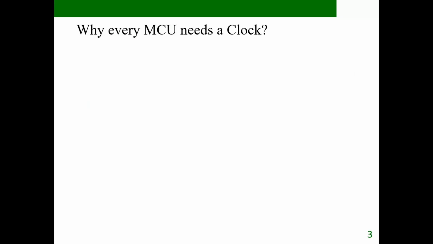Let's begin by talking about why the clocking system is so important in a microcontroller. Every microcontroller, including the C2000, needs a timing reference. This is the clock. Think of the clock as the heartbeat of the device. Just like our heartbeat sets the rhythm for our body, the system clock sets the rhythm for everything the microcontroller does.